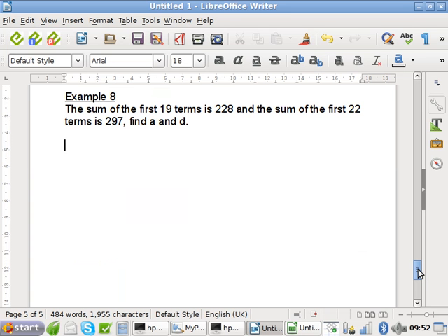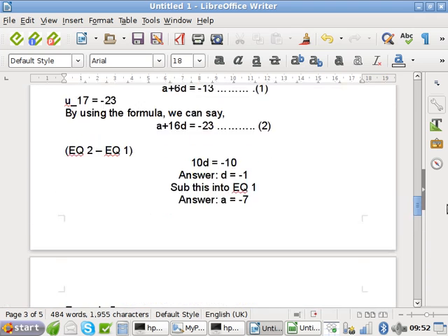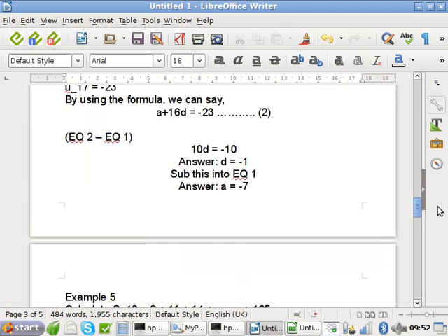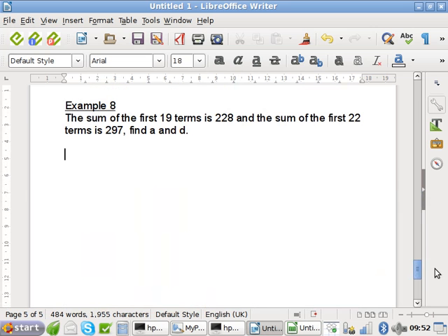Okay, so this is a bit like which other example? This is a little bit like example 4. Except the only difference is, instead of using the Un formula, you need to use the Sn formula, because I'm talking about the sum.